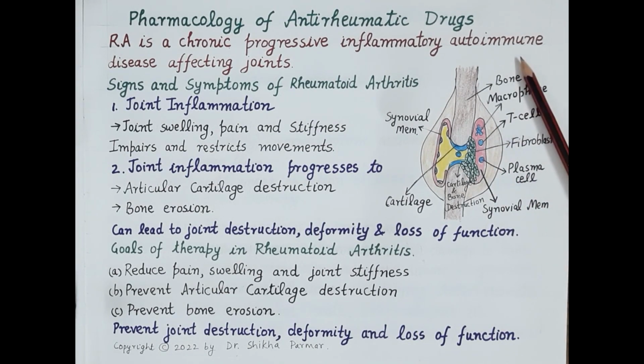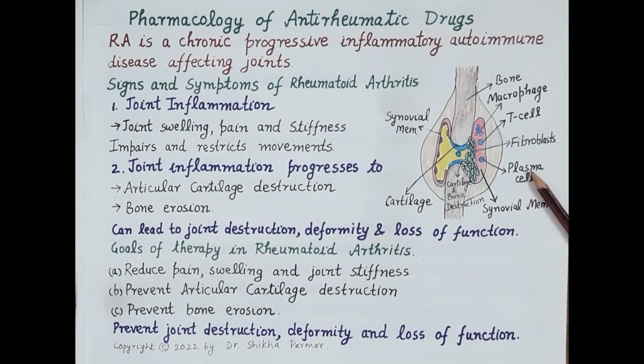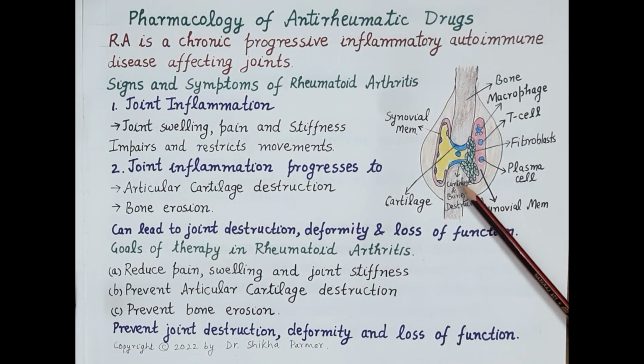Now rheumatoid arthritis is an autoimmune disease because the immune cells of the body like macrophages, T cells, plasma cells that fight against infections and protect our body start attacking healthy cells and tissues of the joints, causing joint swelling, pain and stiffness.